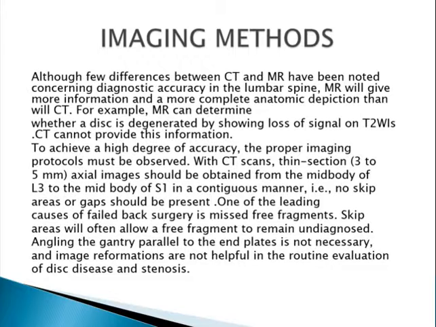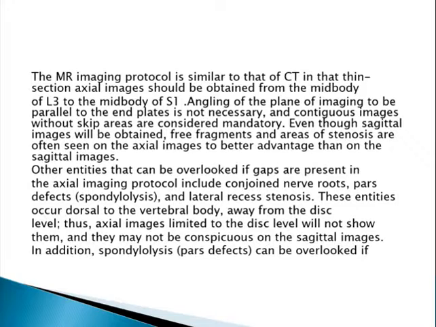So the disadvantage of making continuous cuts is that the imaging time will be more. The MRI imaging protocols are similar to the CT, and in the same manner it will take a little bit more imaging time if we get continuous cuts, but we should do it because we don't want to miss any free fragments.